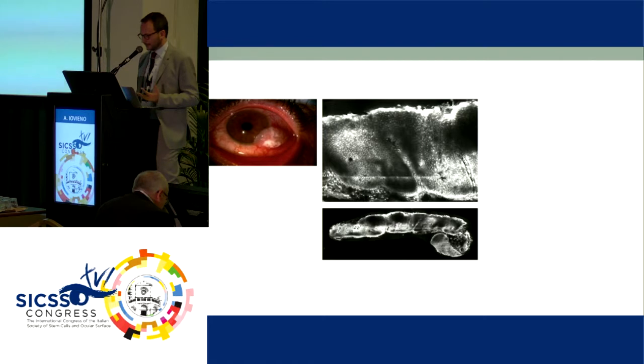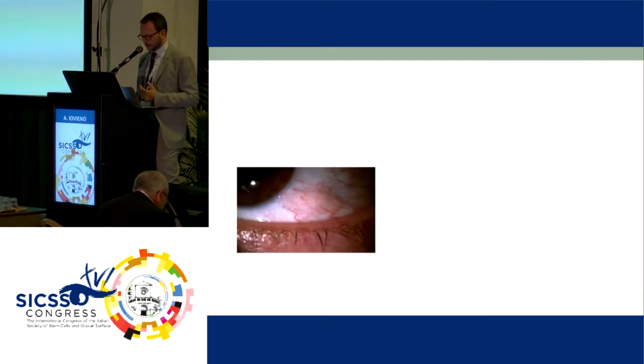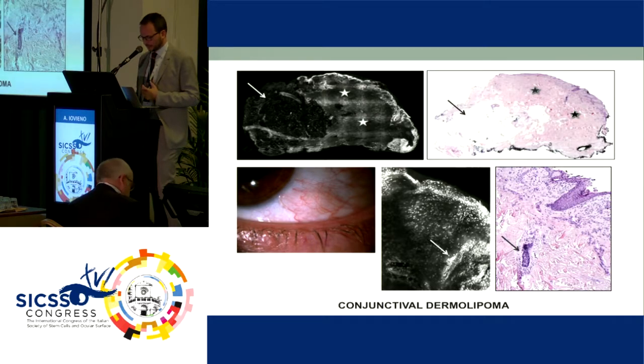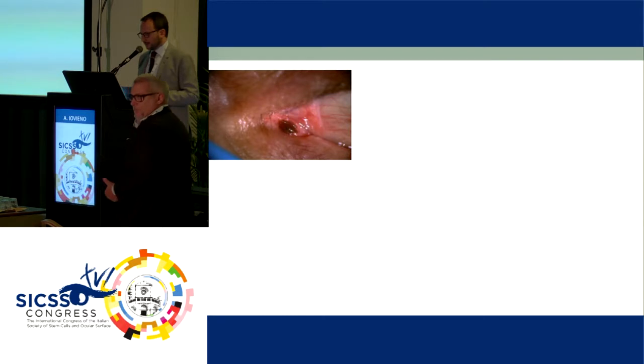Here we see that the grading in terms of maturation is completely altered, and also the membrane is altered. This is a carcinoma in situ. This is soft. You may see the normal conjunctival epithelium, but actually it was a conjunctival dermolipoma.